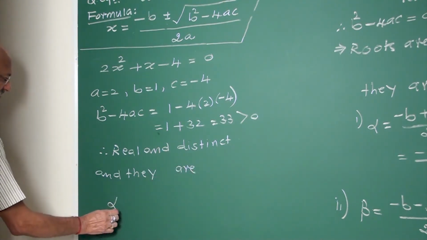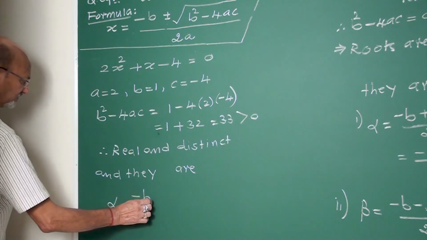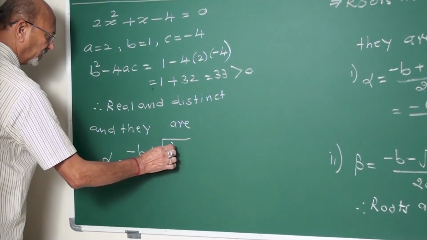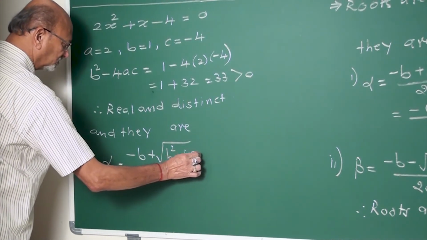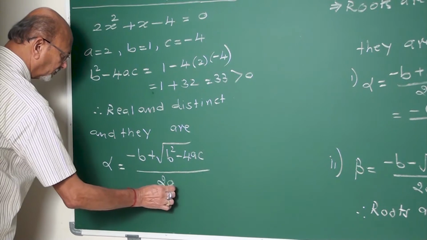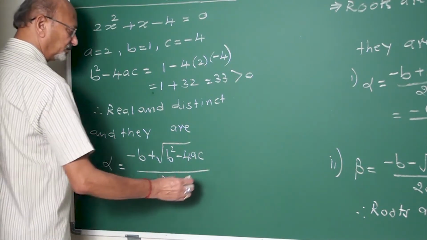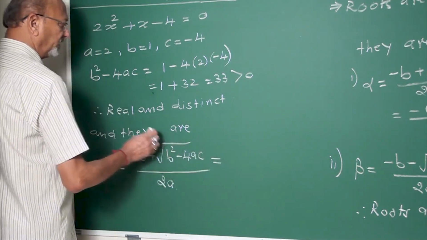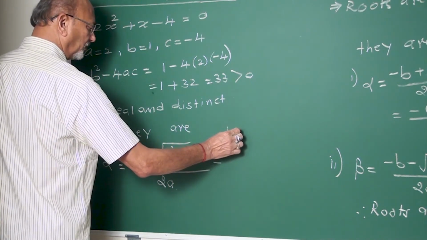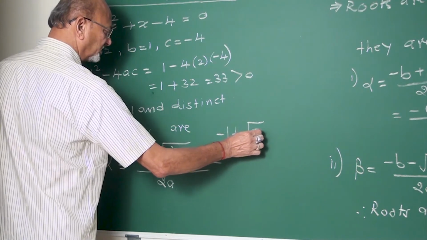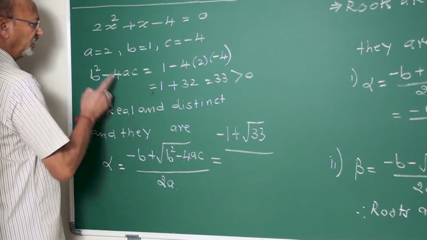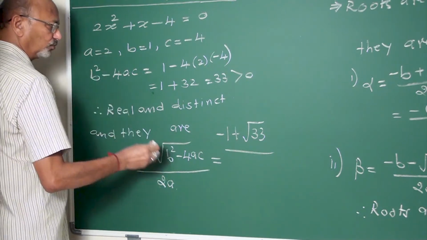First, alpha. What is alpha? Minus b plus square root of b square minus 4ac upon 2a. What is this, my friend? Minus b, minus 1 plus square root 33 upon 2a. 2 into a is 2, 2 into 2 is 4, my friend.